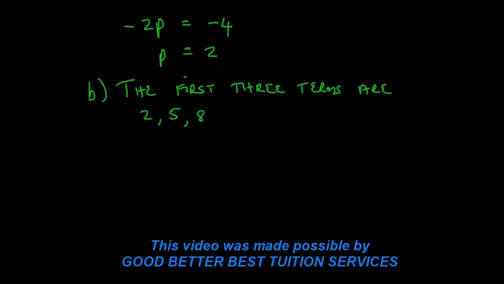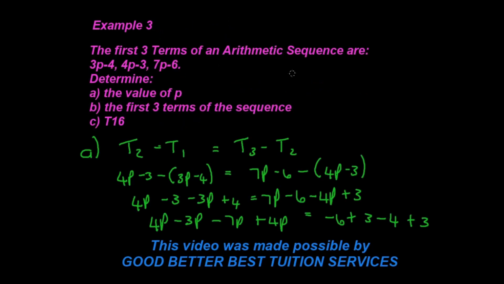What am I going to do with that information? P is equal to 2. If p is equal to 2, let's go back to that previous slide. So let's substitute that 2 into 3p minus 4. So it's going to be 3 times 2 minus 4, which is 2.